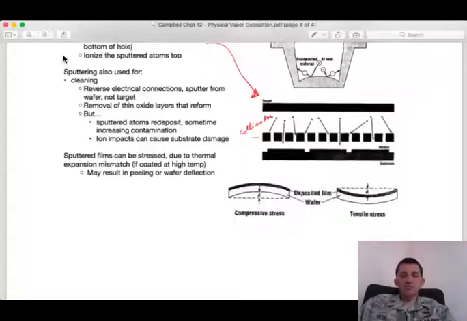That can actually produce either tensile or compressive stress, which can be detrimental in that those stresses that are baked in can either deform my wafer or actually result in the metal coating peeling off.